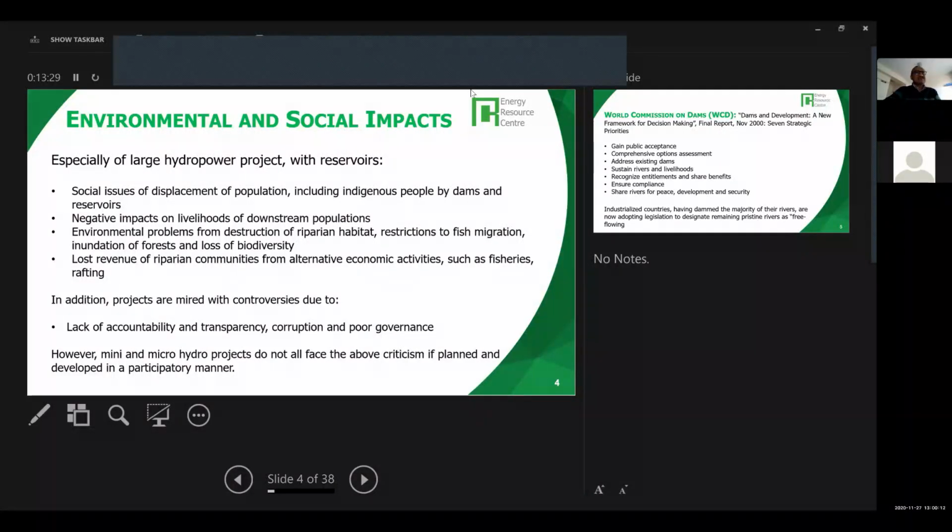Migration of fish will be restricted. Similarly, inundation of forests, because sometimes when you have a reservoir, you have to clear forests, and loss of biodiversity will occur. So this also involves some lost revenue of riparian communities from alternate economic activities such as fishing.